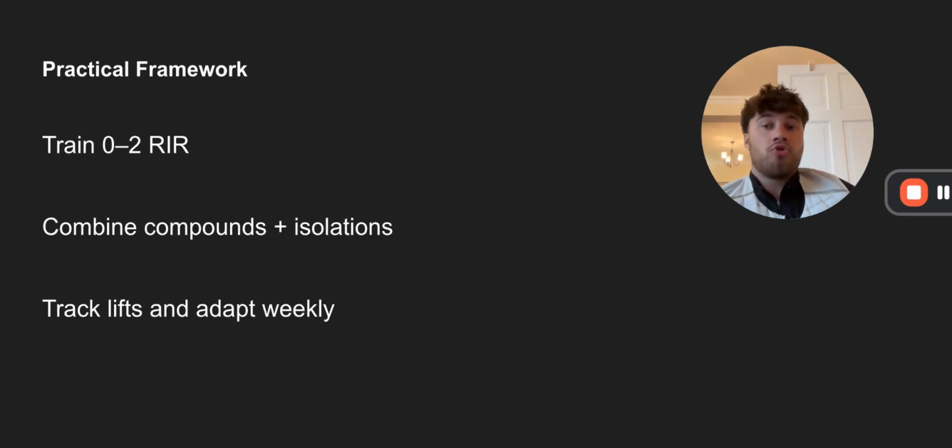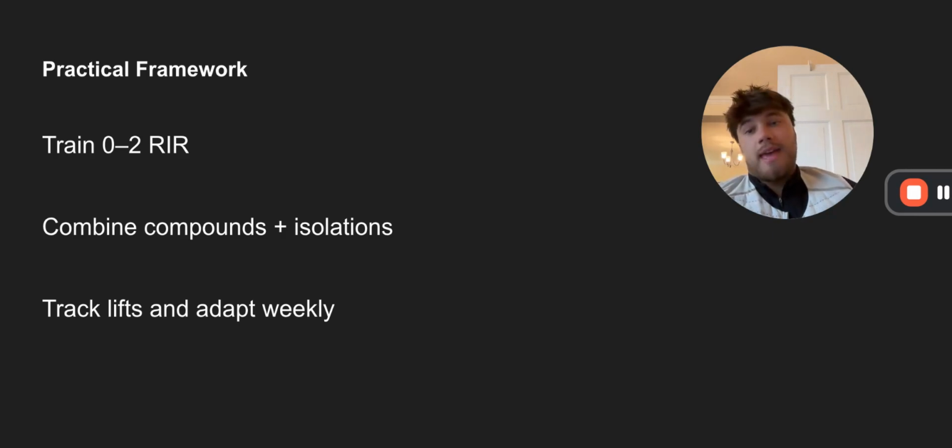In order to train to 1 to 2 RIR, you need to spend a lot of years training to absolute zero, because you need to know where that is. And then maybe when you're a bit more advanced, you're a very good trainee, you know where failure is, you know what your body can do, you know what your rep speed slowdown looks like on different exercises across muscle groups, across rep ranges. You can then judge, is that 1 RIR? Is that 2 RIR? Or is that 0 RIR?